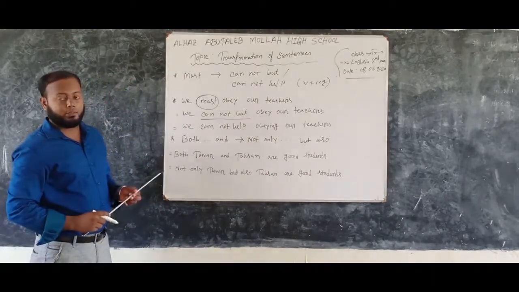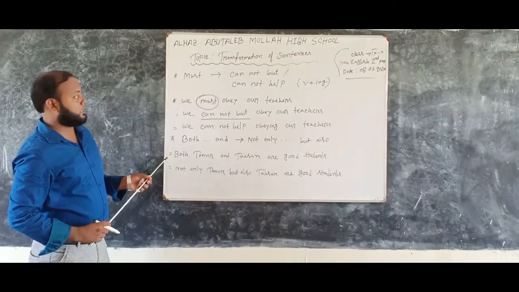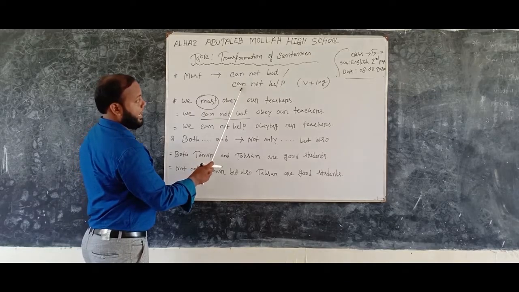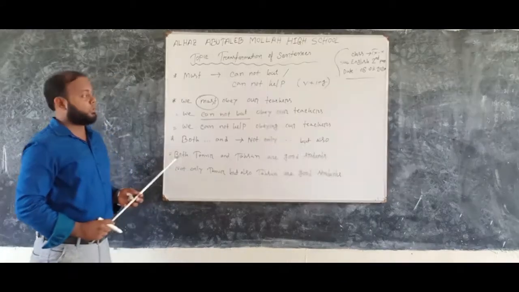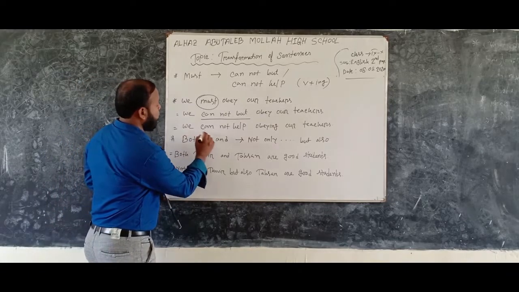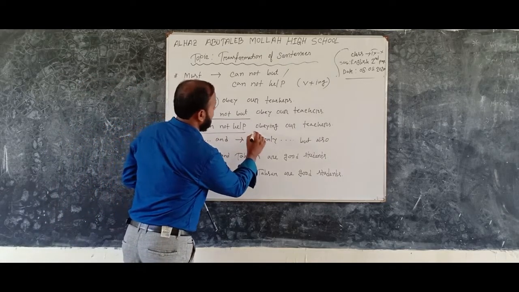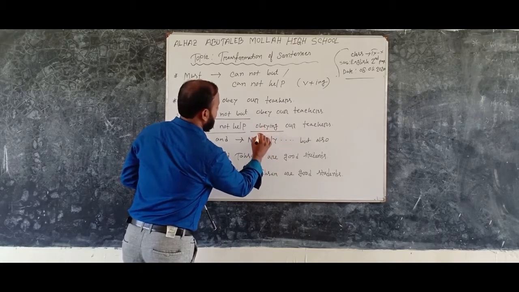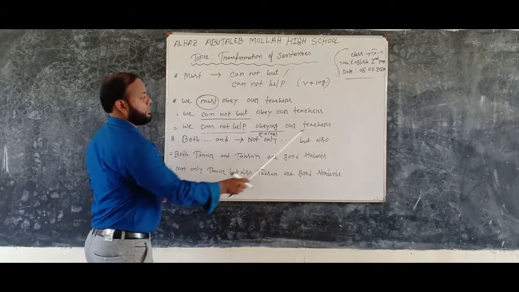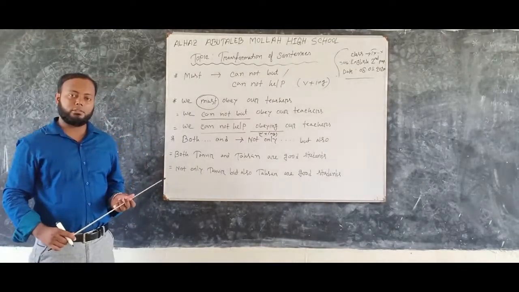My dear learners, I have told you before that if you use cannot have, then you have to use but plus ing. So our answer is we cannot have but obeying. That means verb plus ing and extension. Do you understand?